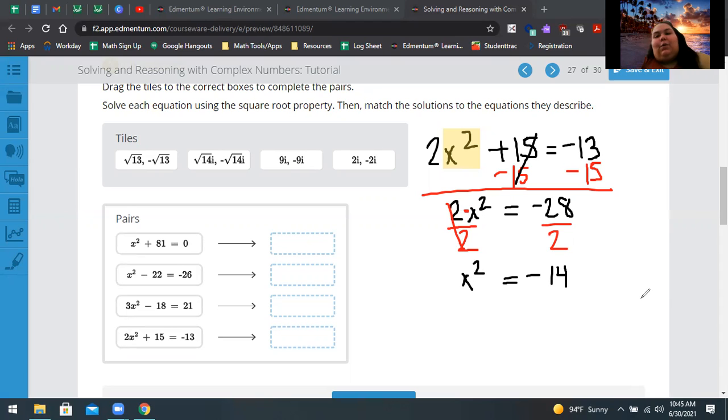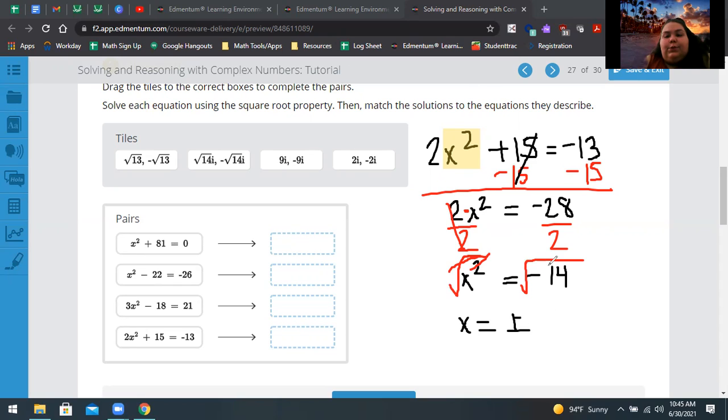Again, I just want x. So the first goal is to get x squared alone. Now you're just going to get x. So your next step is to take the square root of both sides. The square root and square cancel. We're left with x equals plus or minus. Now, square root of 14 is not a perfect square. Again, you can double check using the scientific calculator.